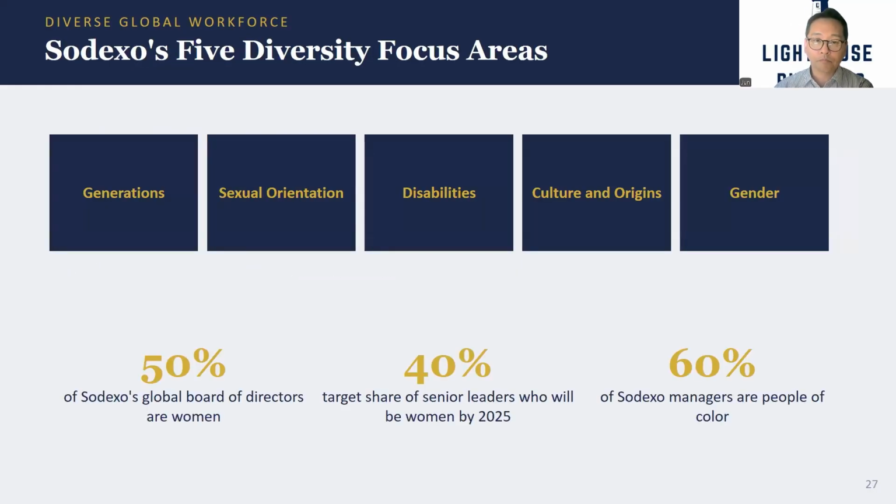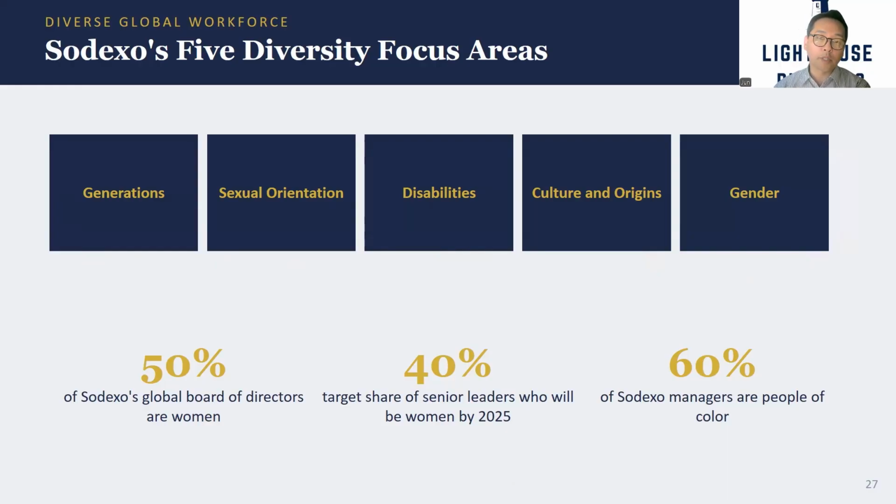Sodexo focuses its diversity efforts on 5 key areas: generations, sexual orientation, disabilities, culture and origin, and gender. The company backs this focus with real numbers. Globally, Sodexo's board of directors is 50% female. It's an amazing percentage.